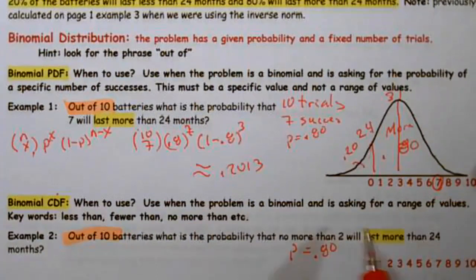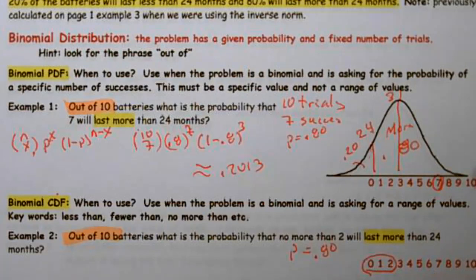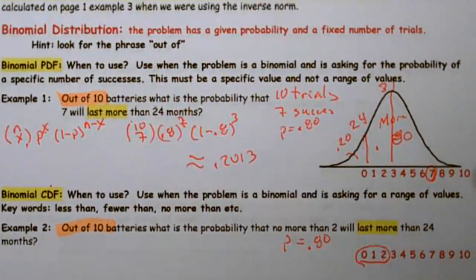No more than 2 means I'm looking for those 3 values, 0, 1, and 2, because that's no more than 2. It really helps to make a little number line like that.